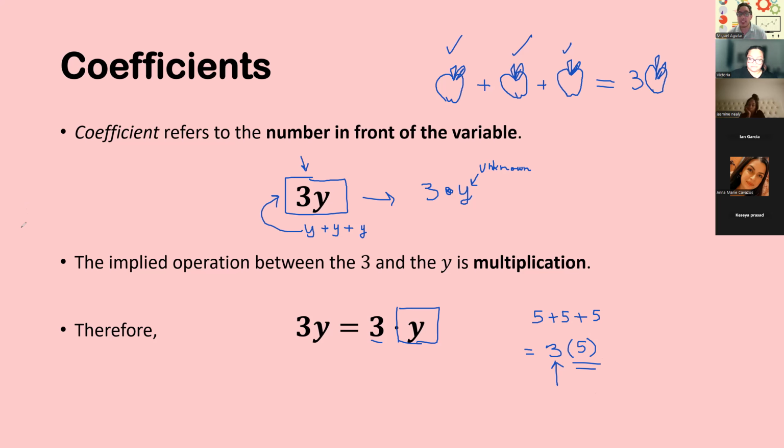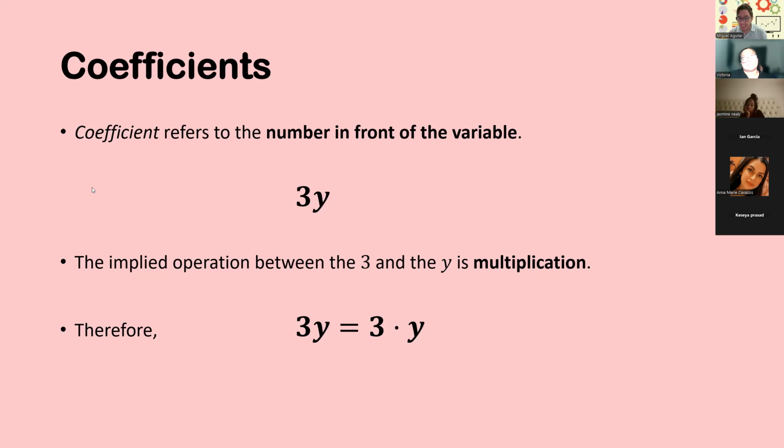Don't let the letters scare you. Things will get a little bit complicated later on, but for now, that's the definition of a coefficient: the number in front of the variable tells you the number that's being multiplied by that placeholder, or how many copies of that placeholder we've counted. Does anybody have any questions or comments there?